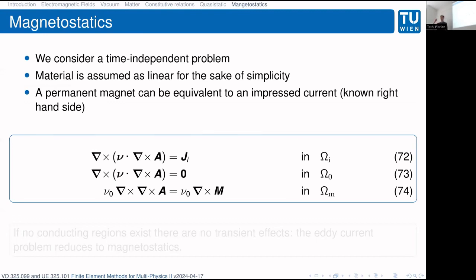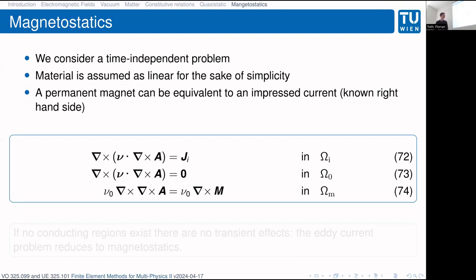Yeah, and then we have another relevant special case, and this is the special case that we encounter if we neglect all time derivatives. So we consider time-independent problems, and if you, for the sake of simplicity, take linear material behavior, you have regions where you can prescribe magnetization.